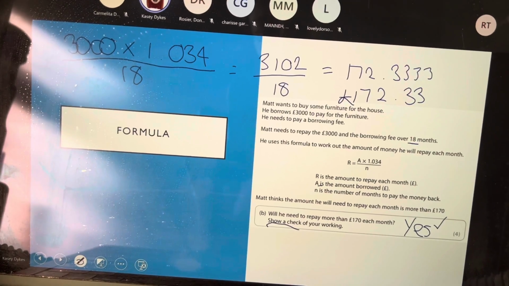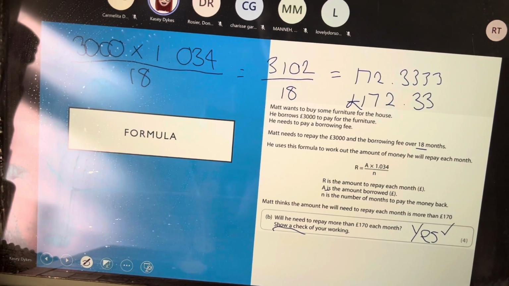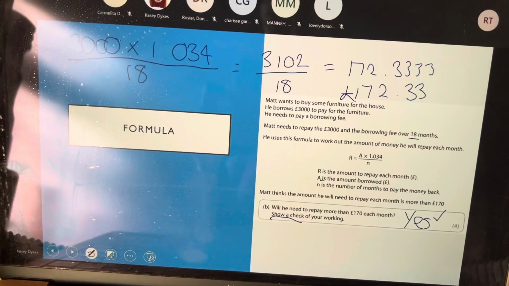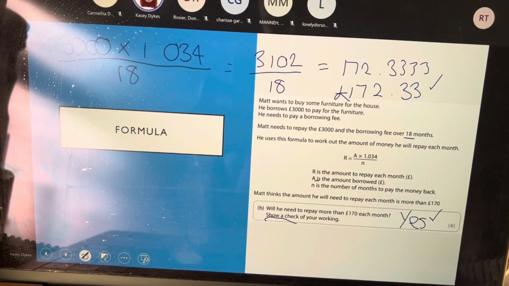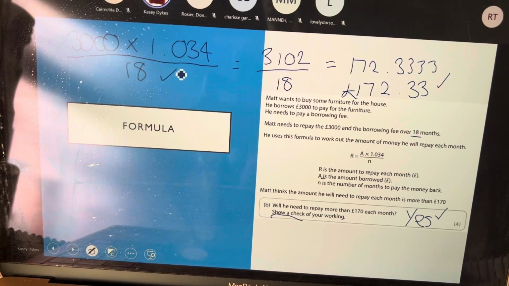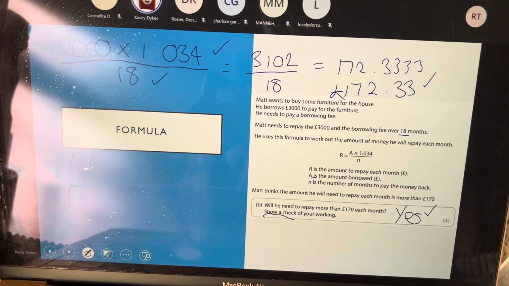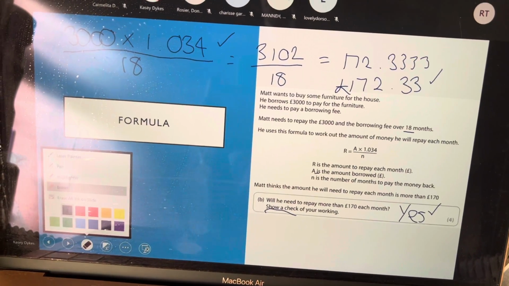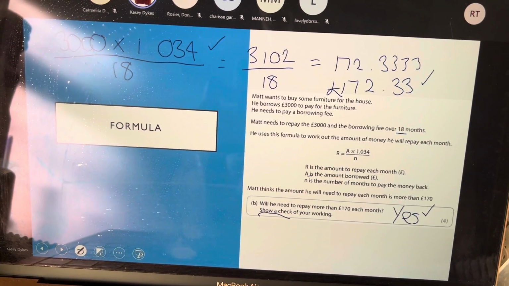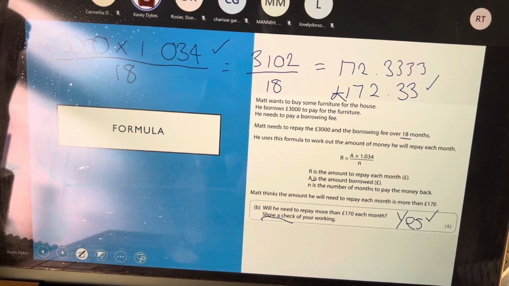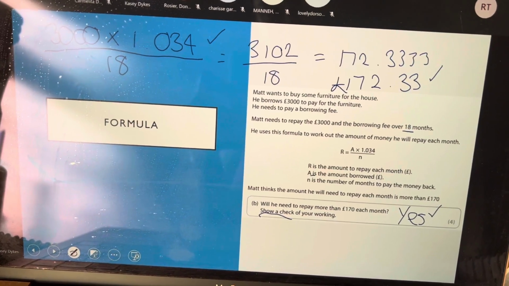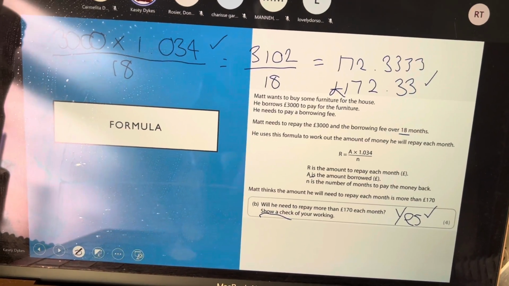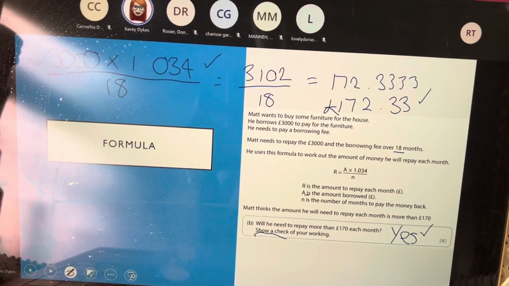That's 1 mark for our yes or no, 1 for our answer, and then 1 mark for each of our values in our formula. Oh no, hang on, 1 mark for our formula, sorry. And then our 4th mark comes from showing a check of our working. So to do that, we just need to take one of our sums and do it backwards.